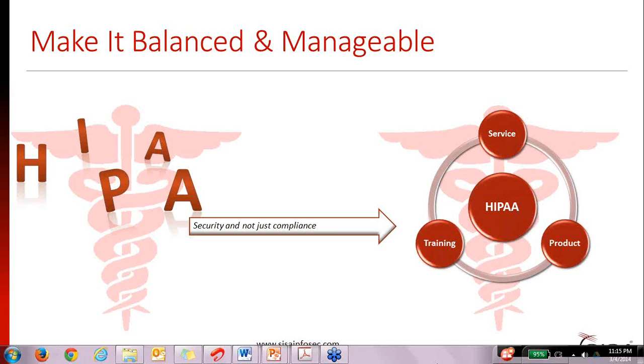Another question, I'll keep it short. Can someone from the project do the risk assessment instead of an information security expert?